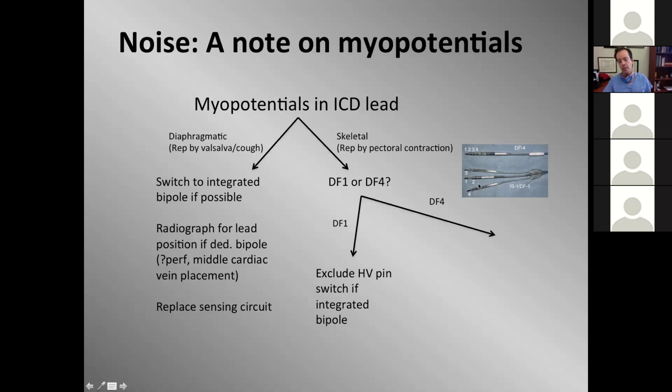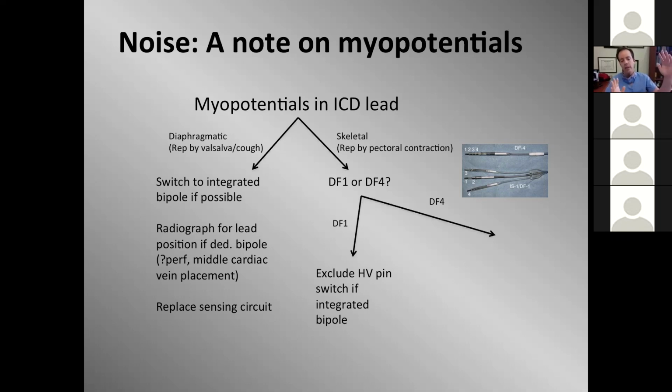And if you do that, and it's an integrated bipole system, you now have your sensing circuit in the RV tip, the little helical fixation, and the RV quote ring, which is the coil, if you flip it, is in the superior vena cava position.